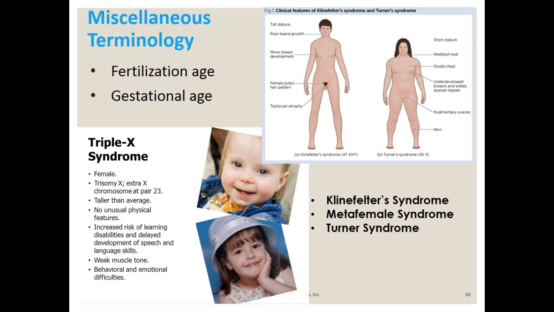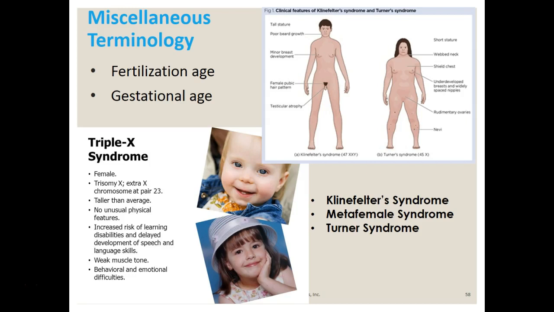Just a few others that I want to mention while we're talking about especially the sex chromosomes. There is a condition called triple X syndrome or meta-female, where the sex chromosome is characterized by having at least 3 X chromosomes, and that occurs about 1 in every 700 or so births. These females usually have underdeveloped genitalia and limited fertility, and may also be mentally retarded.